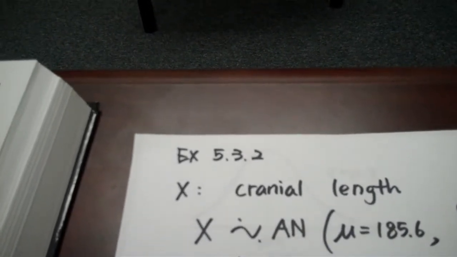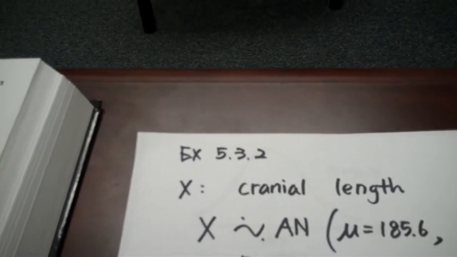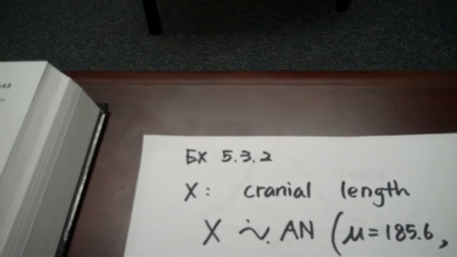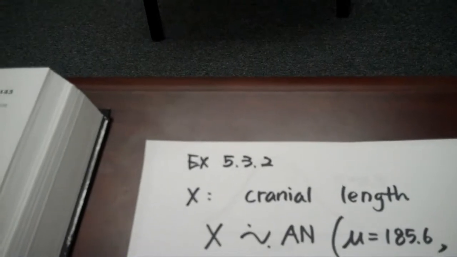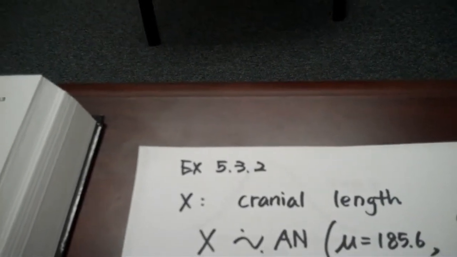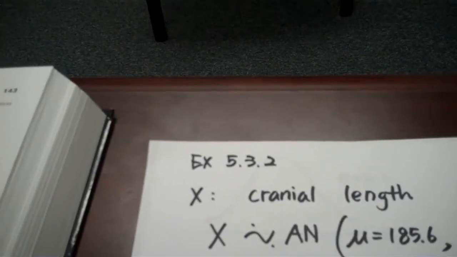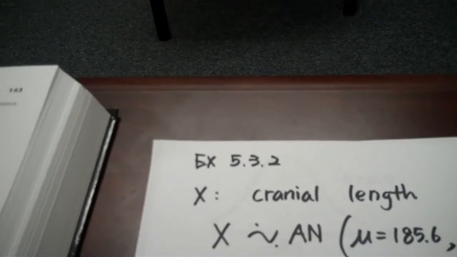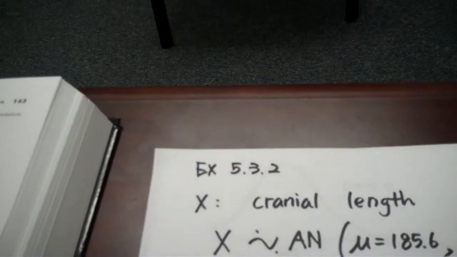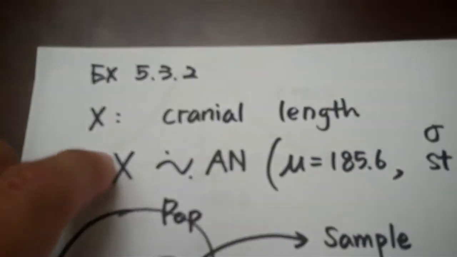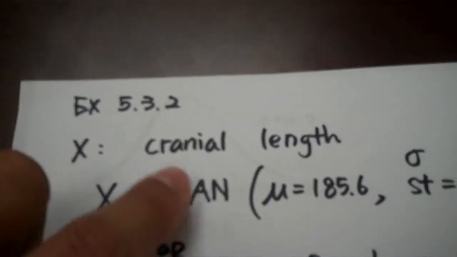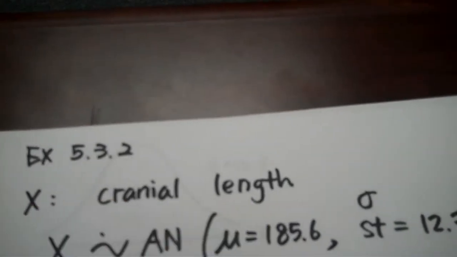The first job you have to do here is figure out what variable you are interested in. In this large human population, cranial length was measured, right? So the variable x is cranial length.